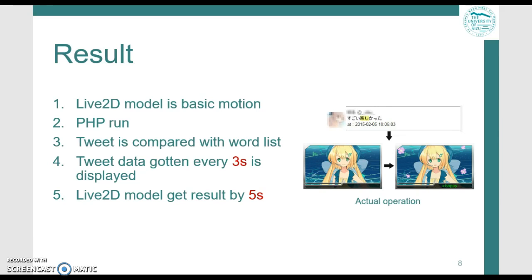After that, tweet data gotten every 3 seconds was displayed, like the upper part of the picture. Finally, the Live2D model got the result by 5 seconds, like the lower part of the picture.